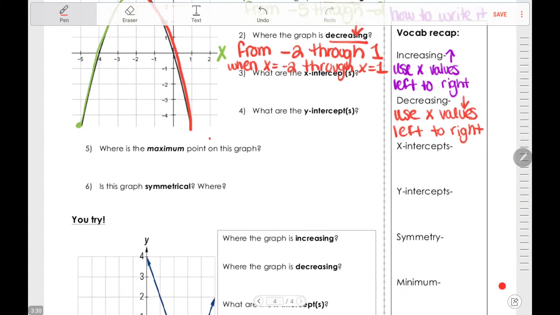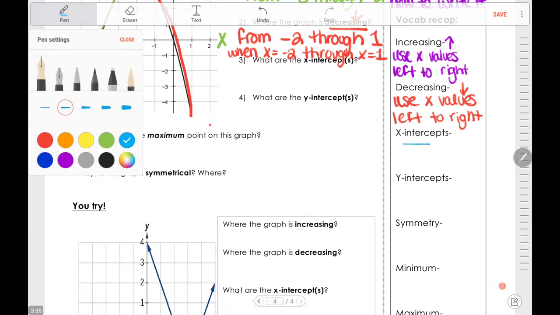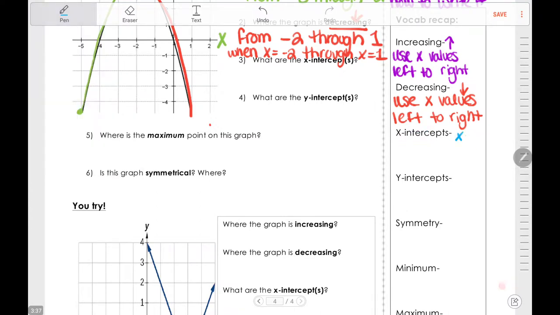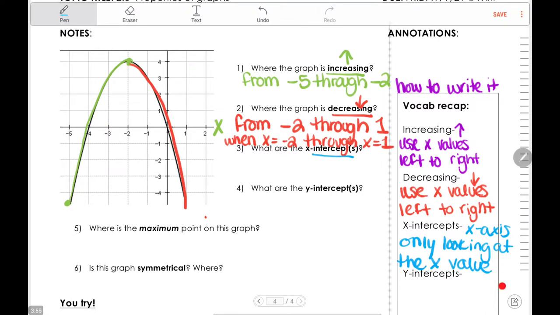Okay. So now let's look at our x-intercepts and our y-intercepts. First, let's look at it in our vocab. So x-intercepts is where it hits the x-axis. But when we are writing it, we are only looking at the x value. So let's look at this graph, x-intercepts, where it hits this x-axis. So I look along this line. There's 2 of them. It hits the x-axis here and here.